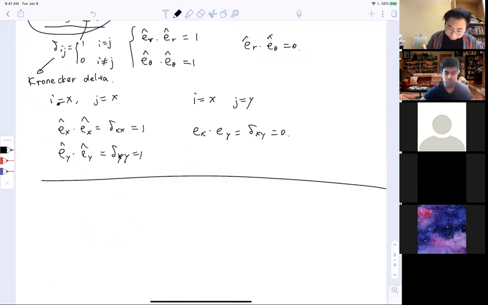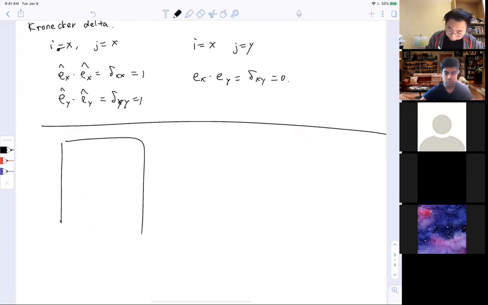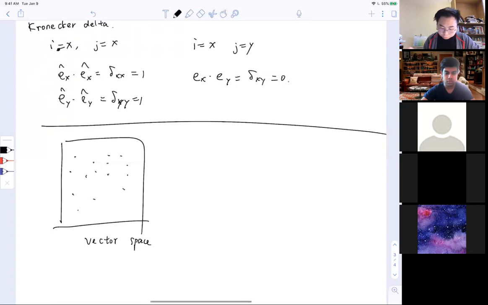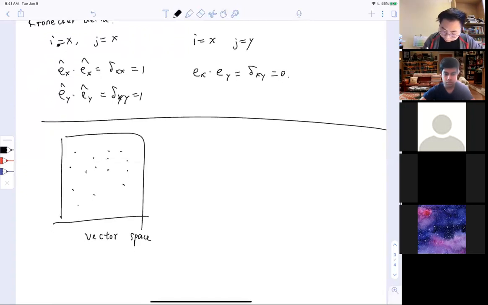Okay, so since we have a vector space, and we have vectors in this space, there are two operations we can make. One is the so-called dot product, or inner product, whatever. It's a binary operation. The input is two elements, like two vectors. The output is a number.